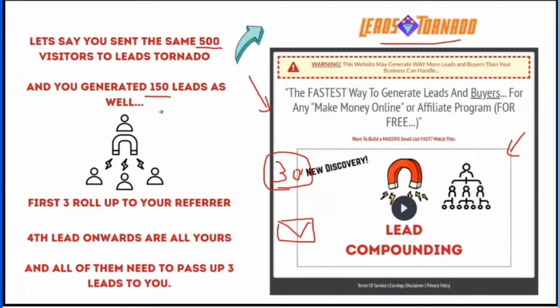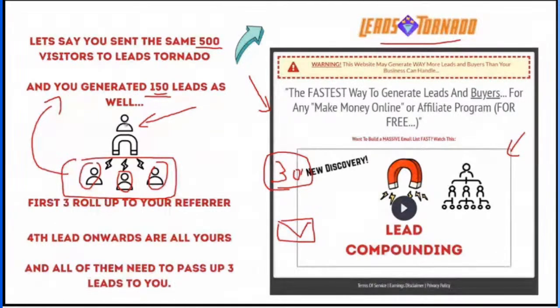With Leadstornado, the first 3 leads that any member generates with the system, so let's say you are the member right here, the first 3 leads that you generate, so let's say you generated 150 leads, those 3 leads are actually passed up to your referrer. So whoever referred you, these 3 leads go to that person. So you don't get to see these 3 leads. Those basically pass up. But now you have 147 leads, right?